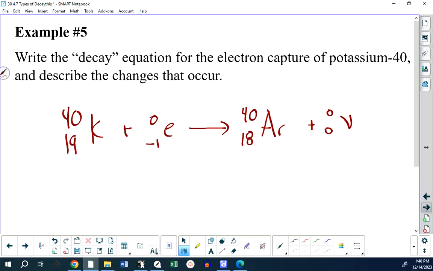Which one did we lose? Erickson, do you know? So how many protons are in potassium? 19. How many protons are in argon? We lost a proton then, because the number of protons went down.